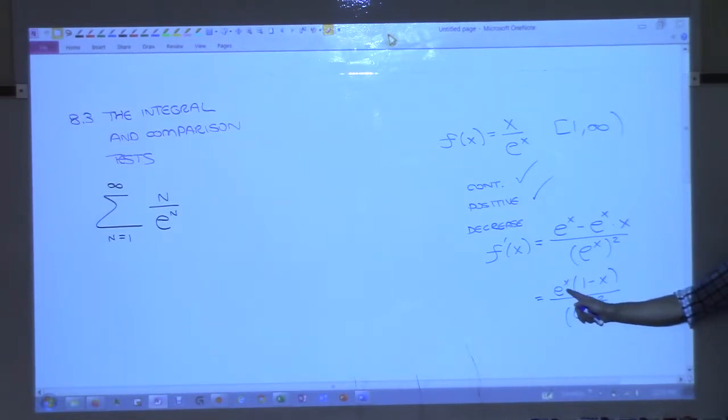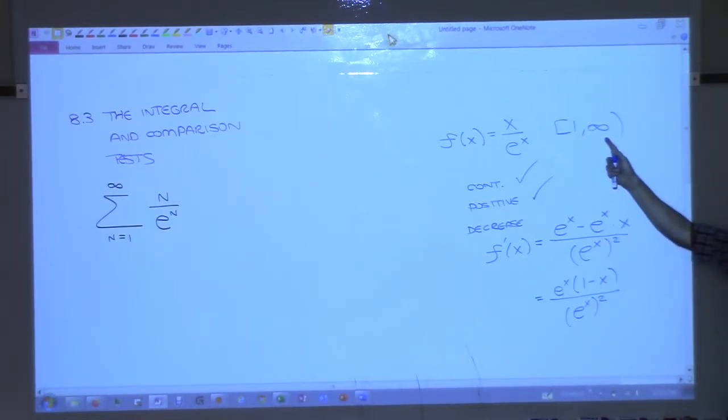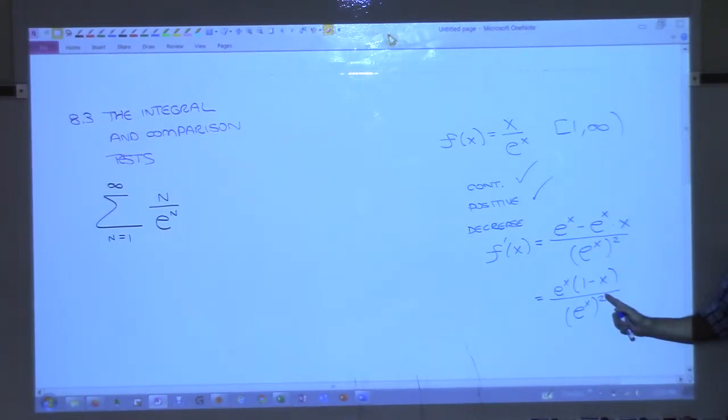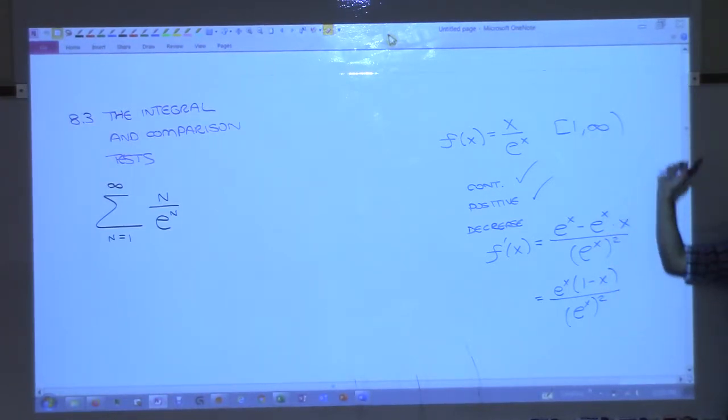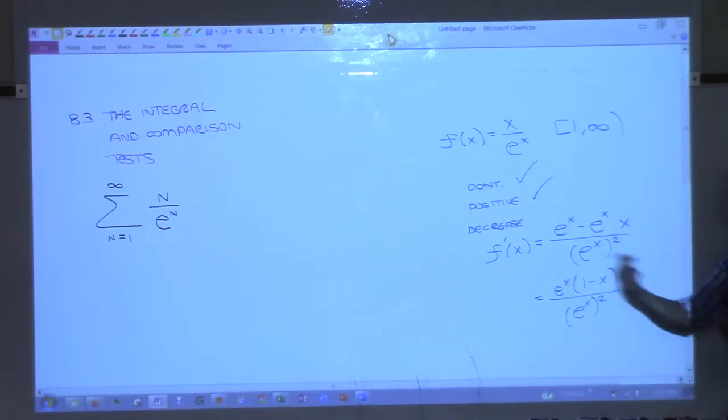That's always positive. 1 minus x is always going to be negative if x is bigger than or equal to 1. At the worst case, if x is 1, what do we get? 0, so maybe our derivative's flat there. But as soon as we go past 1, we know the function's going to start diving down because my derivative is going to be negative. Make sense? So check, I'm good.